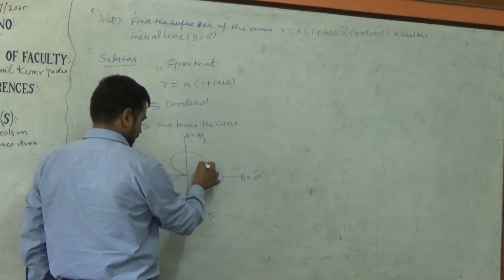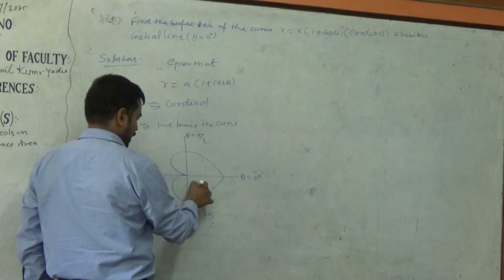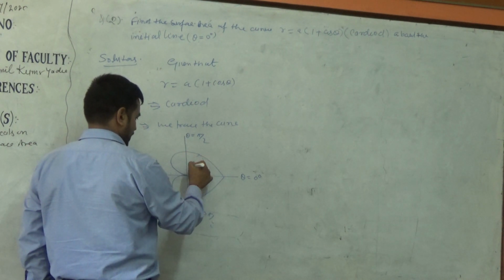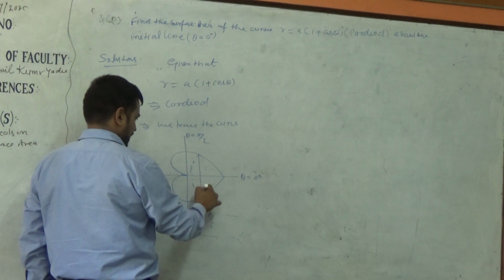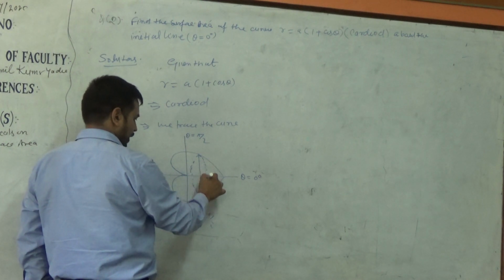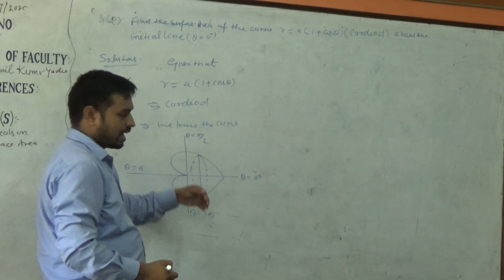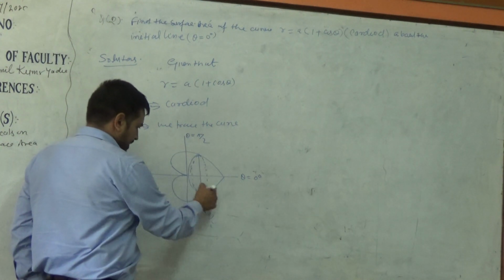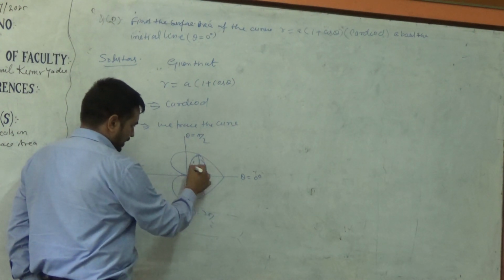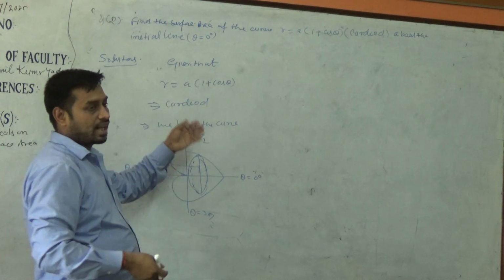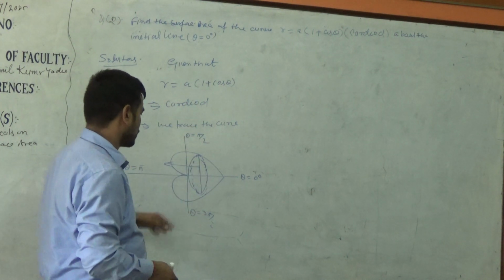In our question, the curve is rotated about the initial line. When the curve is rotated about the initial line, it generates a circle of radius parallel to the line theta equal to pi by 2.